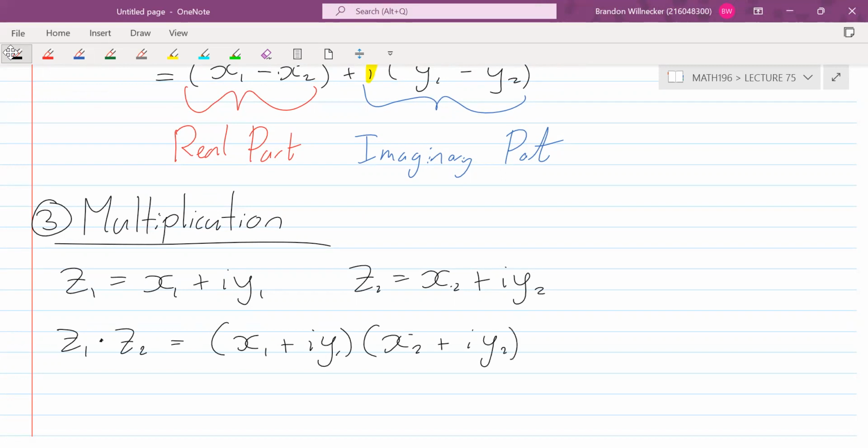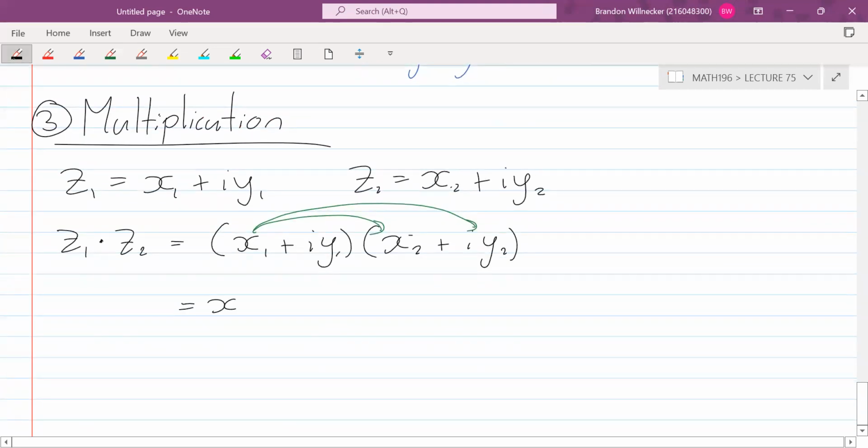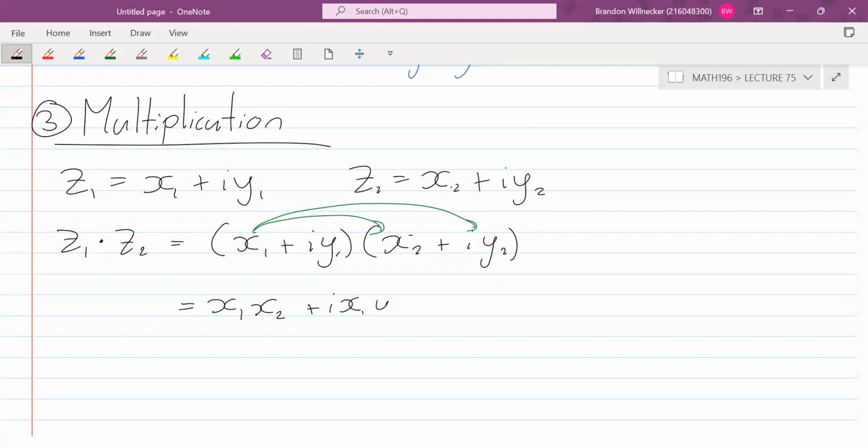And we're going to multiply this out. So the first bit is going to be x1 times x2, x1 times that. So we're going to have x1 x2 plus i x1 y2, just multiplying like that. And the second part, we can multiply that as well. We're going to have plus i y1 x2 plus i squared y1 y2. Okay, i times i, that's going to be i squared.